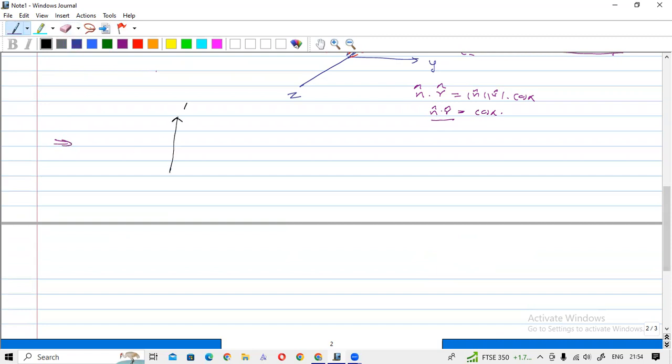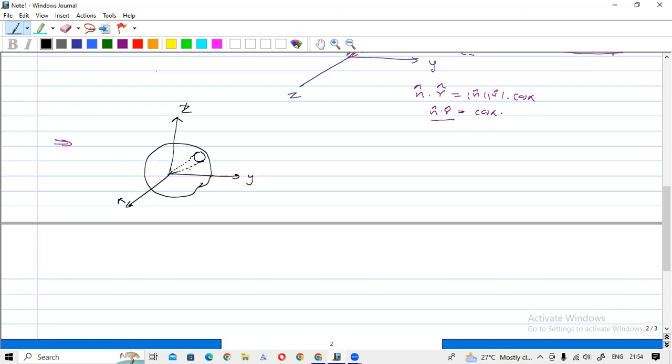So if you have a sphere like this, and you consider a small area on this sphere surface, there is a solid angle created by this area, no?